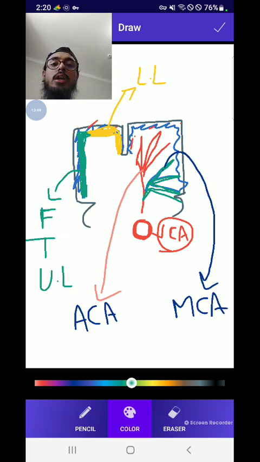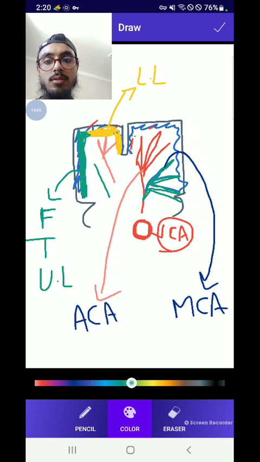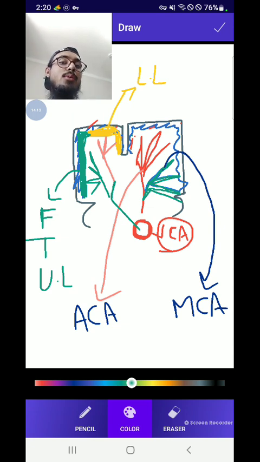Now here are two blood supplies. One is the red one which supplies this area, and the second is the one I drew in green. So these are all the blood supplies. So guys, what is the clinical importance of it?